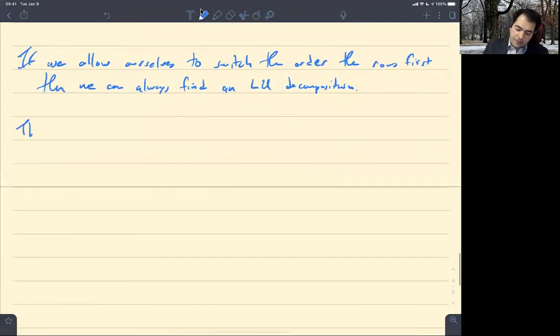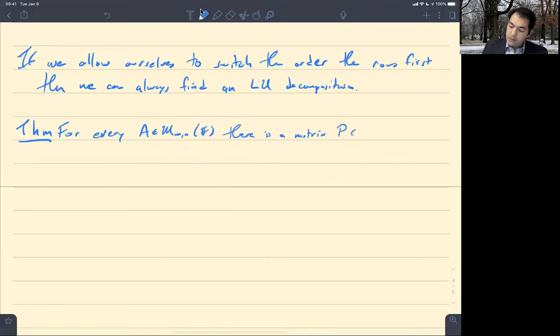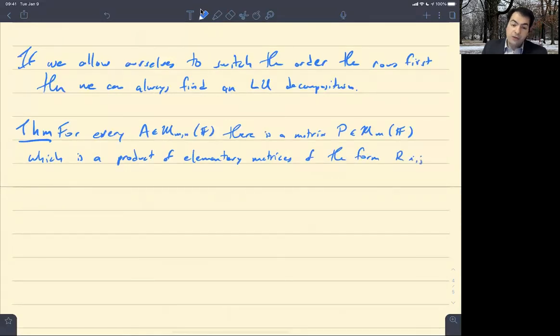So let's state that as a theorem. For every matrix A, size m by n, there is a matrix P, P for permutation, which is a product of elementary matrices of the form Rij, so just switching rows.